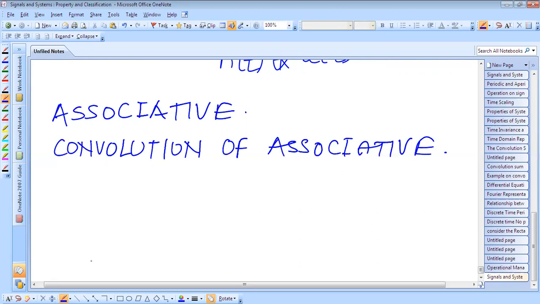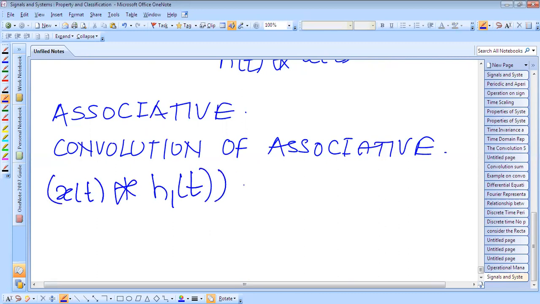Okay. So x of t, the input, which is convolved with the impulse response h1 of t, which is itself convolved with h2 of t.